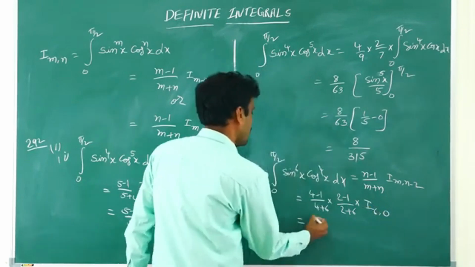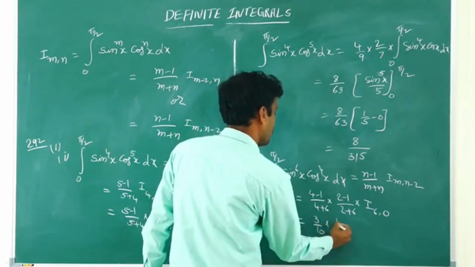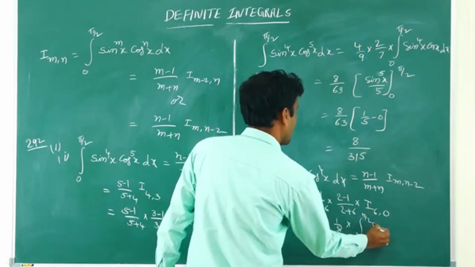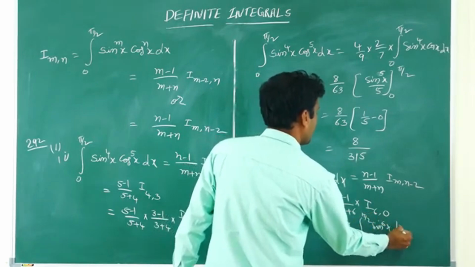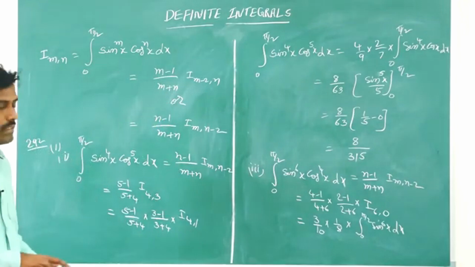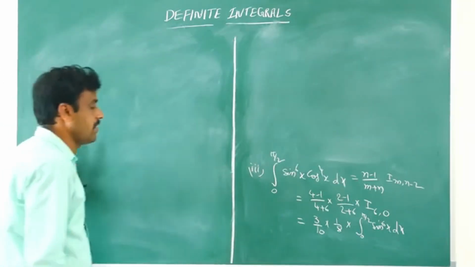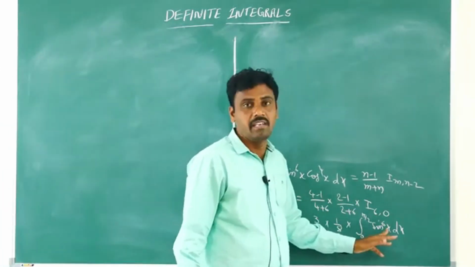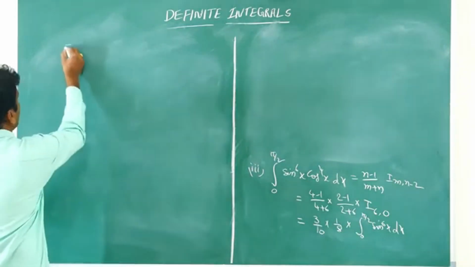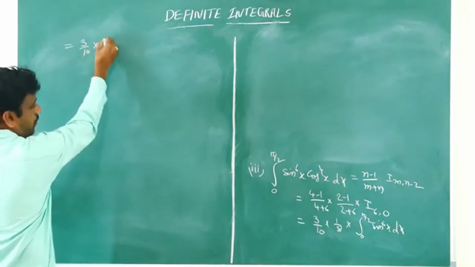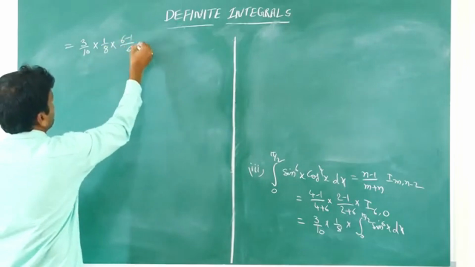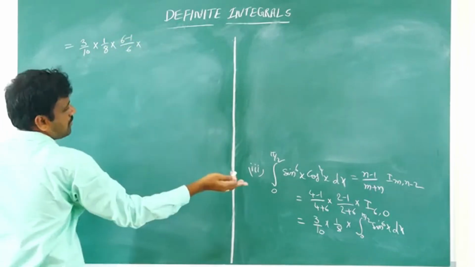That is 3/10, 1/8 into integral 0 to pi by 2 sin^6 x dx. Then the reduction formula: here n is even, even means the last term is pi by 2. That is 3/10, 1/8, (n-1)/n, (6-1)/6, I(n-2), 6 minus 2, 4.